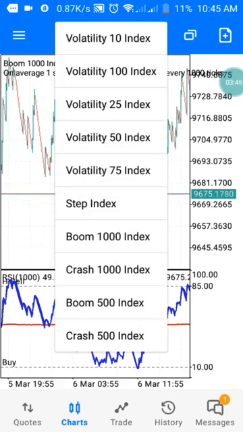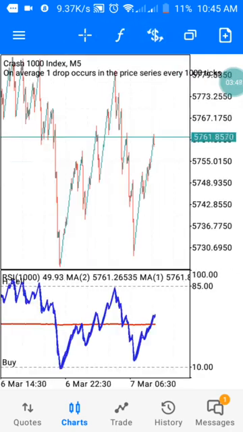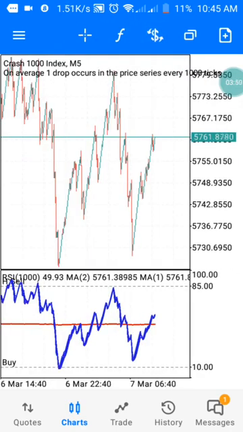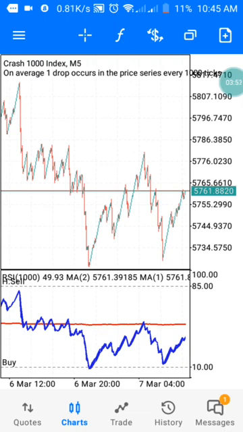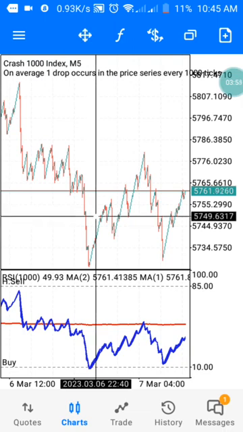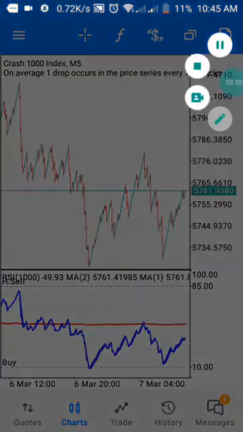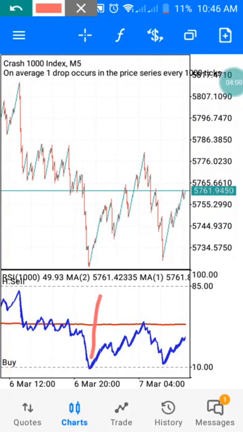Let's check Crash 1000. So this is Crash 1000. You see, on 5 minute time frames, you see that it really works there. So all the moving averages agree to respect my 10 level, and also agreed to accept my 85 level for taking long spikes, and the 10 level for taking a long buy.